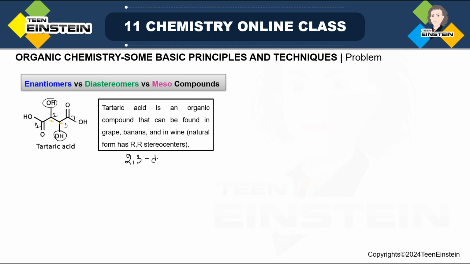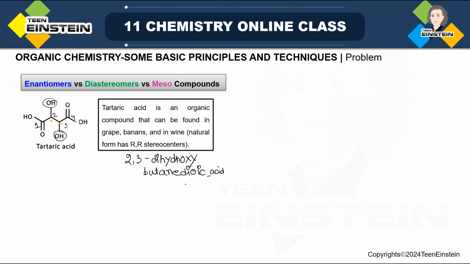So the name will be 2,3-dihydroxy, and it will continue with butane, because the longest chain is 4 carbons, butanedioic acid, because there are 2 CO2H groups. And don't forget to give a gap. So this is the IUPAC nomenclature.